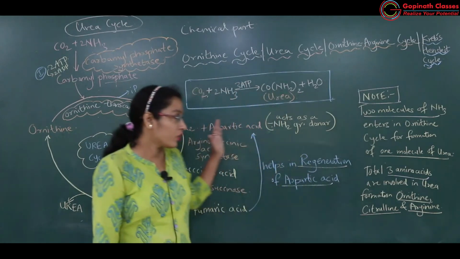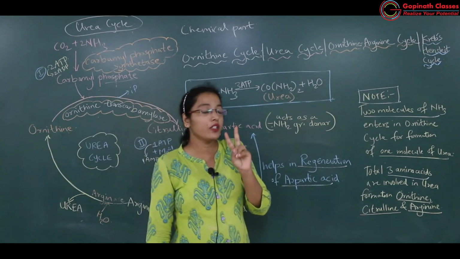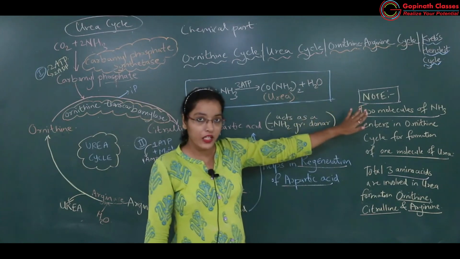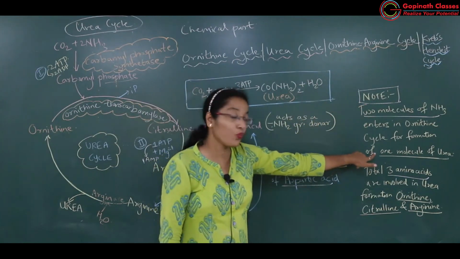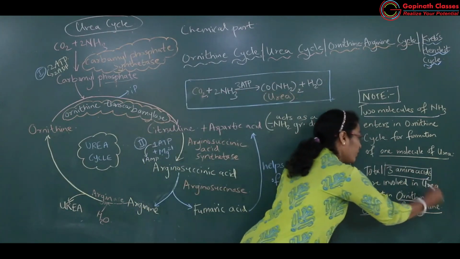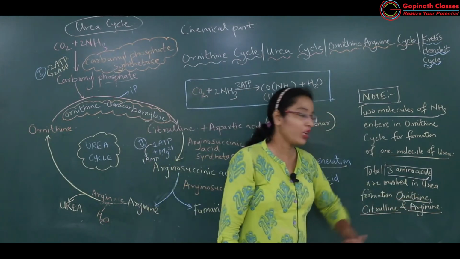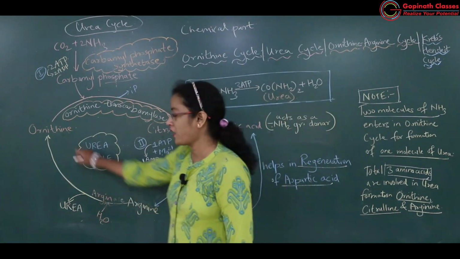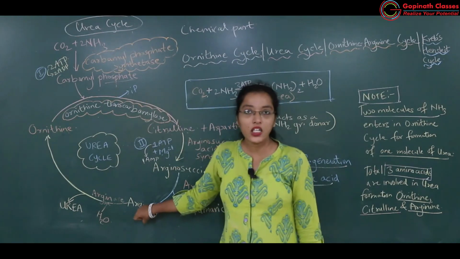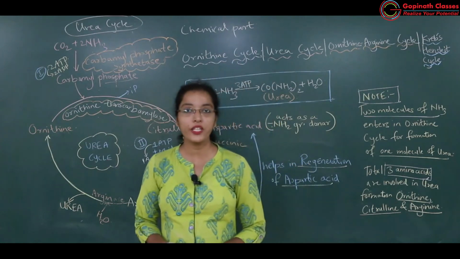So, in this particular cycle, 2 molecules of the ammonia are utilized for formation of 1 molecule of urea. And how many amino acids are utilized? 3 amino acids are utilized for formation of 1 molecule of urea. Which are those? Ornithine, citrulline and arginine. Got it? So, this is all about urea cycle.